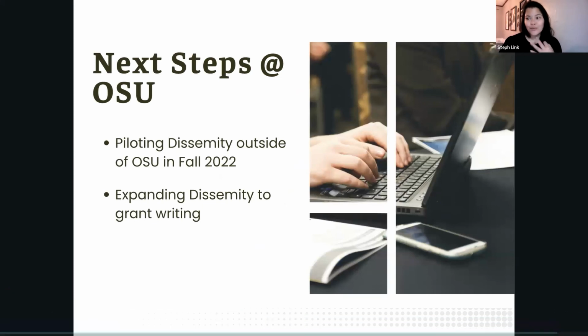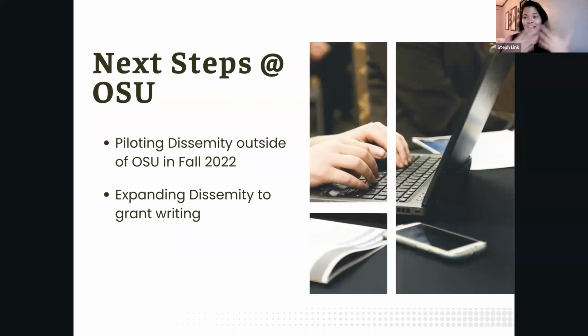Where we are right now, we have been piloting Dissemity on our campus for a few years now, and we are launching on our first campus this fall. Actually, January 1st, we're going to be spreading to our first external campus. And then, like I said before, we're expanding to grant writing, which is enabling us to get into so many different entrepreneurial markets.